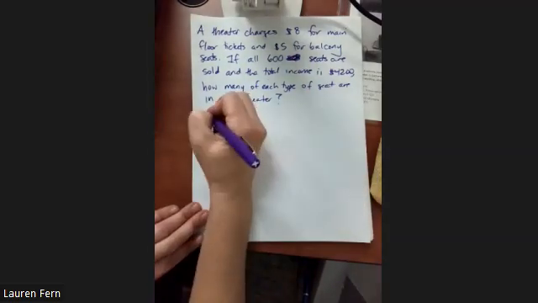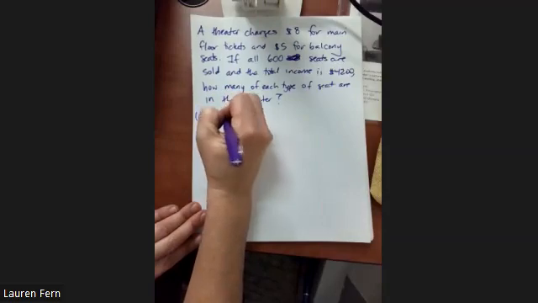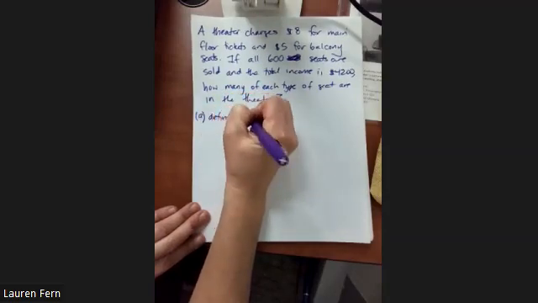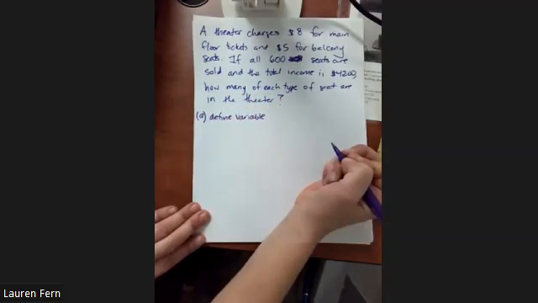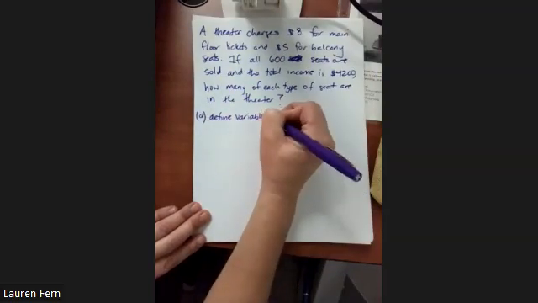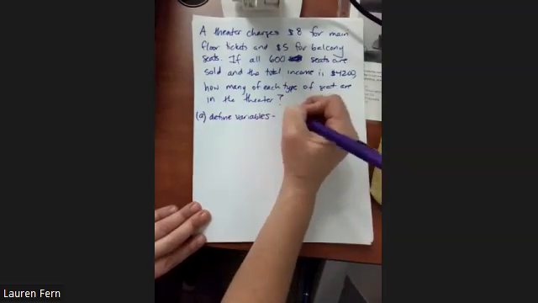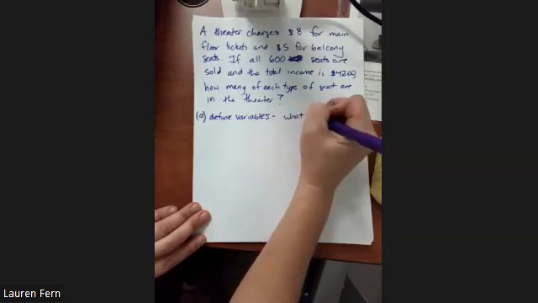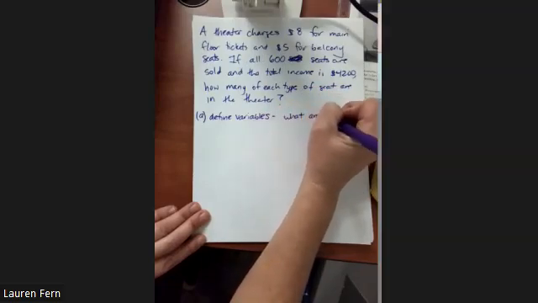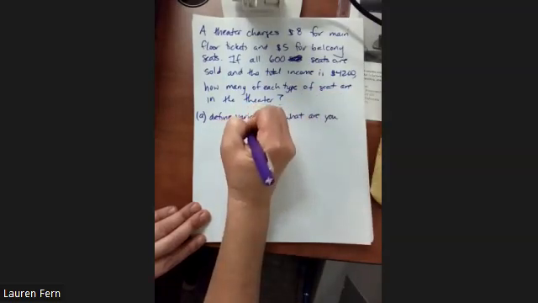So the first thing I'm always going to ask you to do is to define your variables. Now, what does that mean? The question you should ask yourself is, what are you looking for?